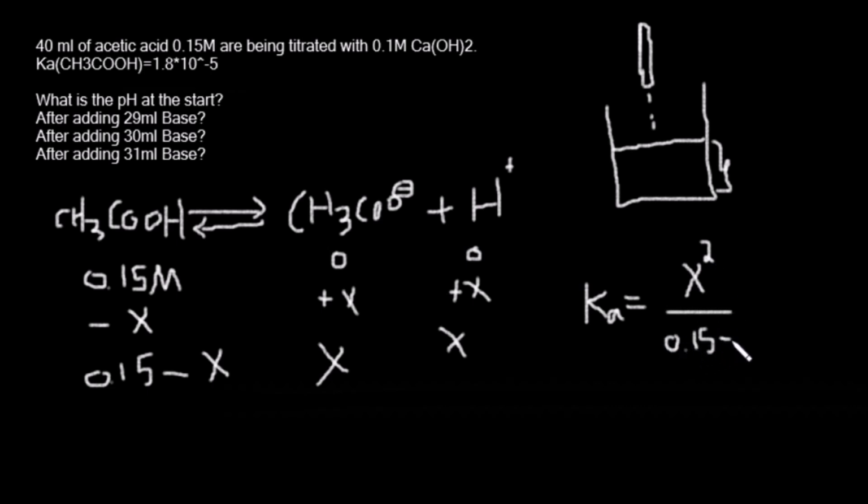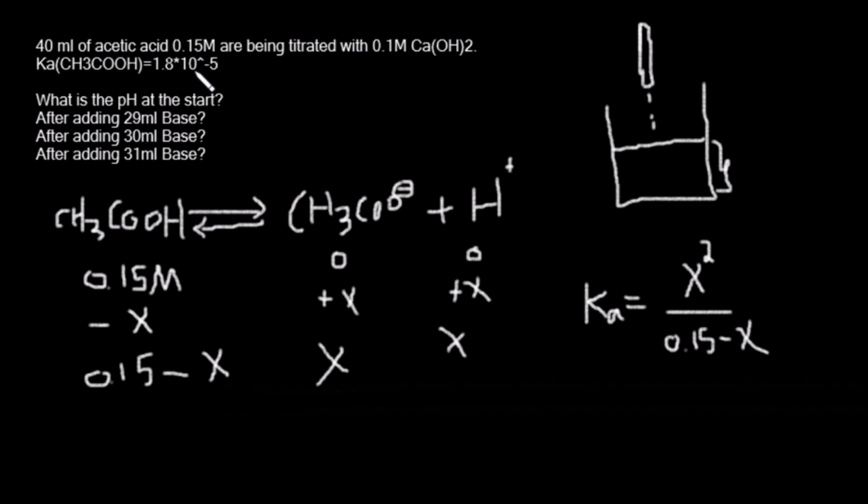0.15 minus X. Now, because the Ka is very small, 1.8 times 10 to the minus 5, I usually neglect X because it's too small. Some students like to keep it, but it's going to take you a longer time, and you're going to get exactly the same answer if the Ka is small.